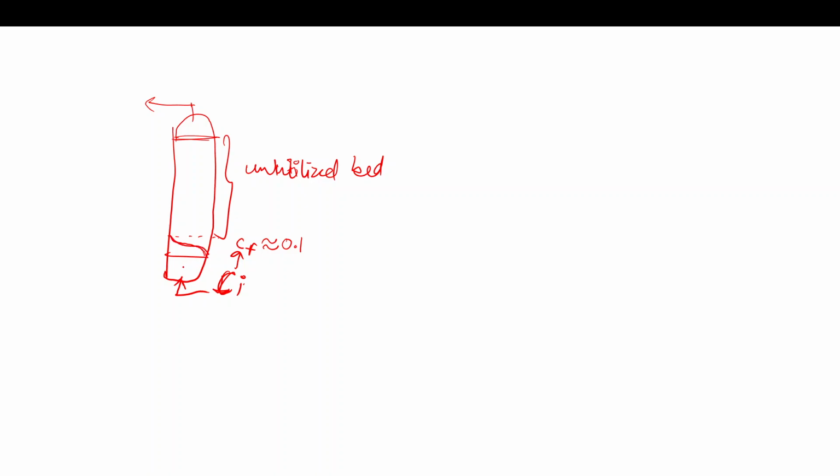Based on some simulations and everything, you can get to know the type of profile it follows. So this is the zone where adsorption occurs, which is known as the mass transfer zone. For a particular moment, only a particular mass transfer zone will be used for adsorption, while the rest of the portion will not be used.